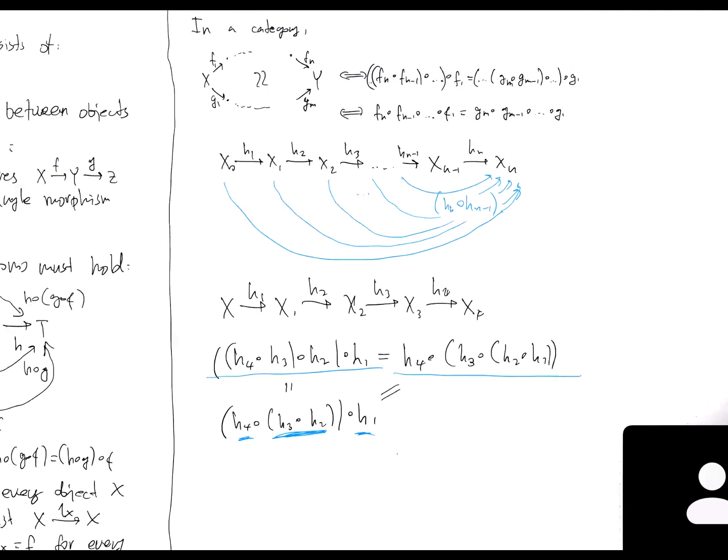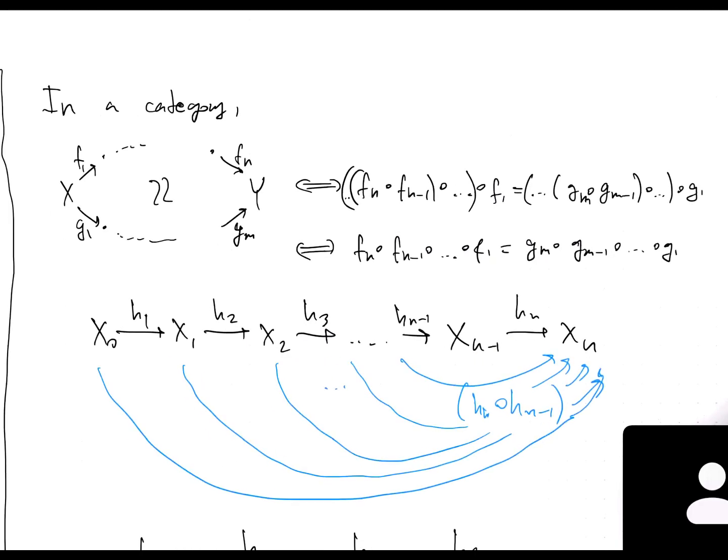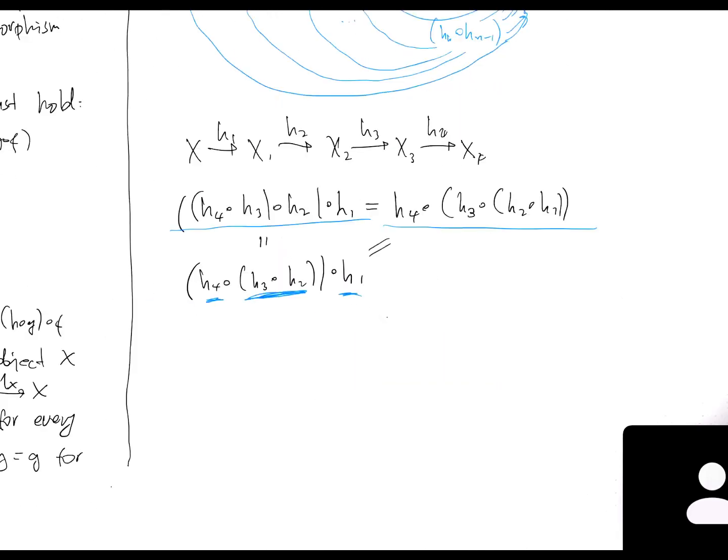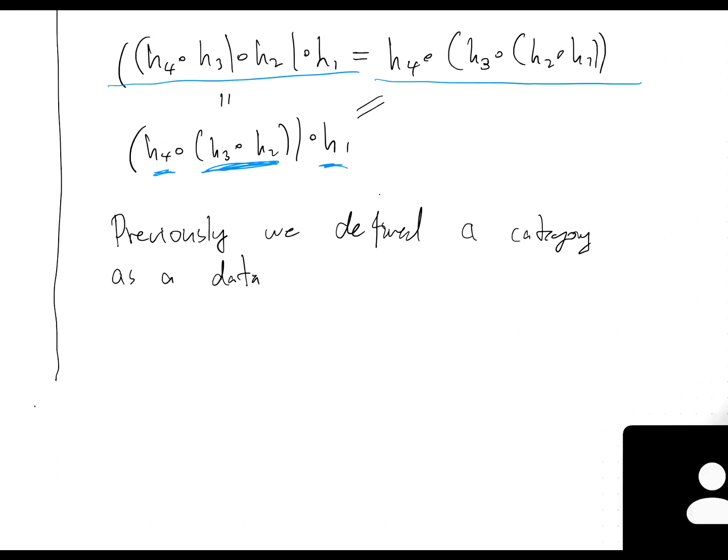Okay, so when we define equivalences of paths this way, we're going to get something that is a category in our previous sense. So let's recall that previously we defined a category as a data of three things.